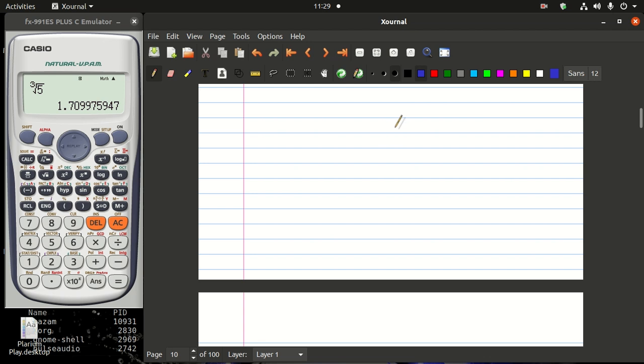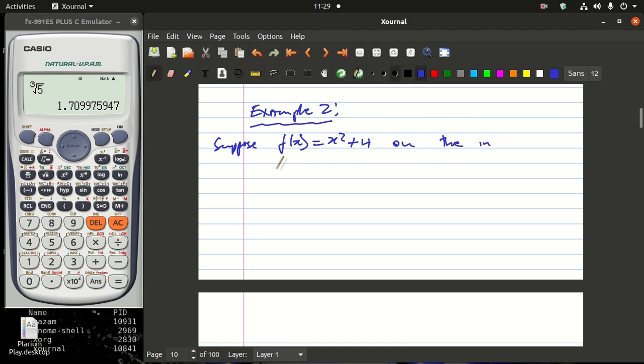And now let's look at example number 2. I'm going to take this very same example, but I'm going to change the sign. Suppose I have f of x equal to x squared plus 4, and we consider it on the interval from minus 2 to 2.